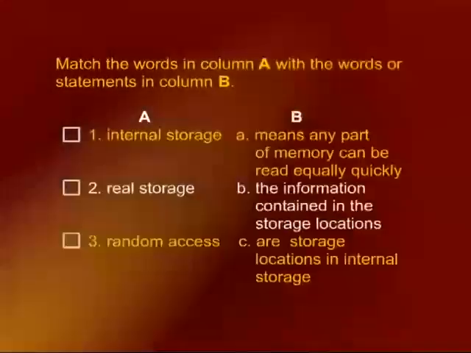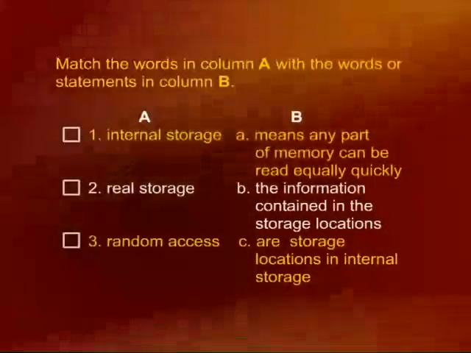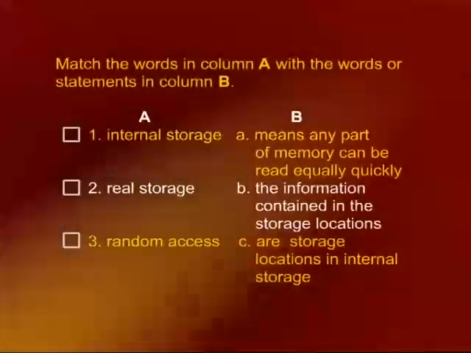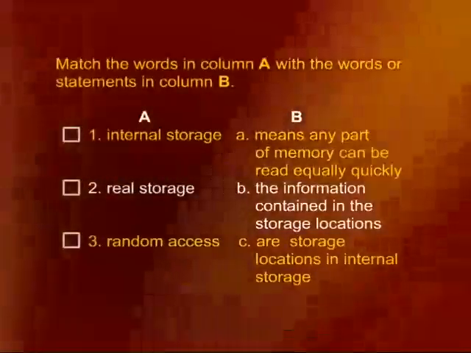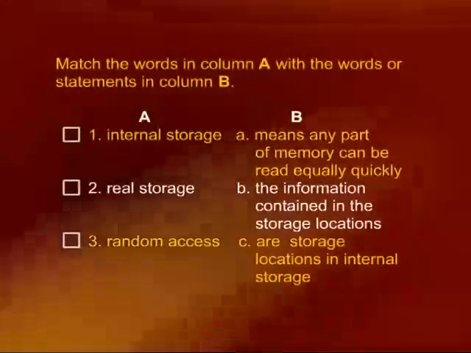Let's go to the beginning. Contents matches with B, the information contained in the storage locations. All right. Let us look at number 6. So we've used the elimination process.